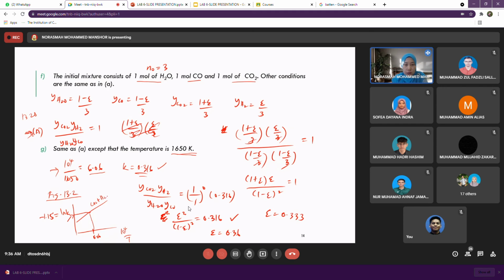CO2 plus H2 to form CO plus H2O, terbalik kan reaction ni. So dapat 6.06 tadi yang ni. Okay, buat a straight line yang sentuh dia punya reaction. So you dapat value ln K lebih kurang negative 1.15. So sekarang K exponent of this value lah. Okay, you dapat ni 0.316.